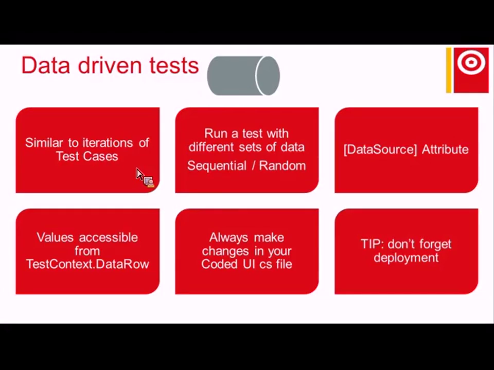Now, of course, if we have error values in our test cases, values which produce errors, we've got to make sure that our test suite properly handles those error cases, that when the application reports errors, then our test code will properly look after those errors. We can run the data in our test cases sequentially or randomly.